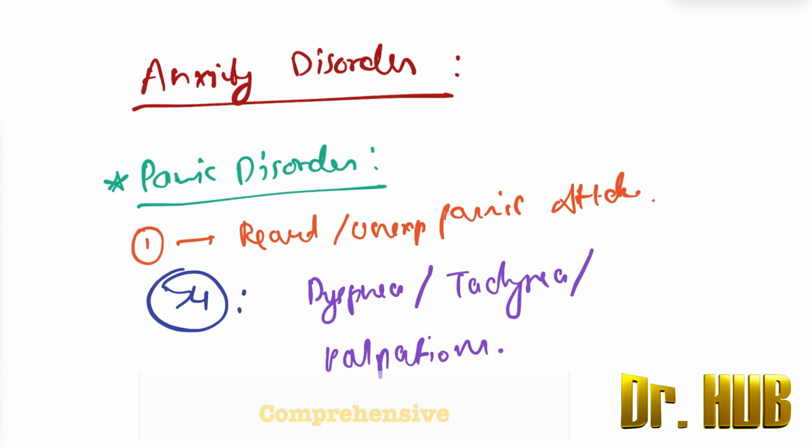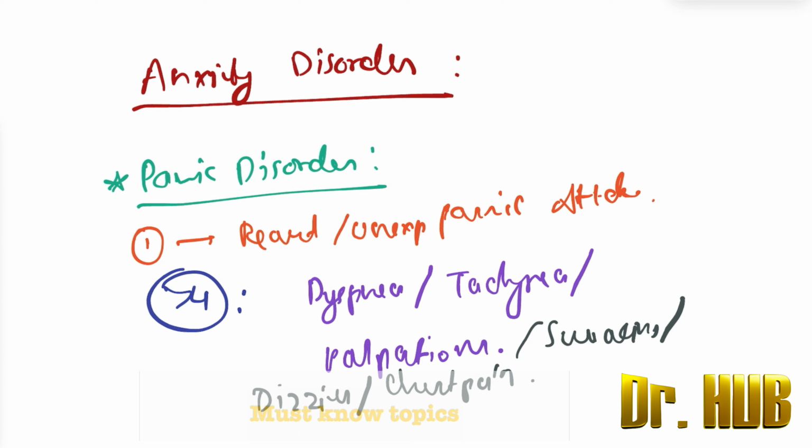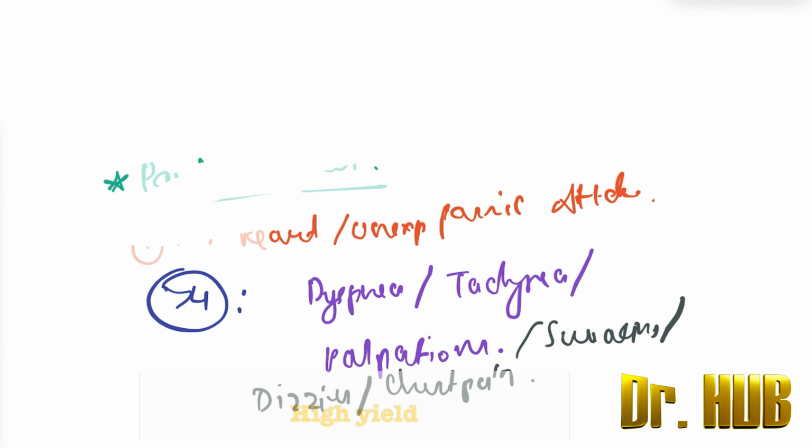It can be palpitations, then it can be sweating, and there can also be dizziness, chest pain, then tightness.